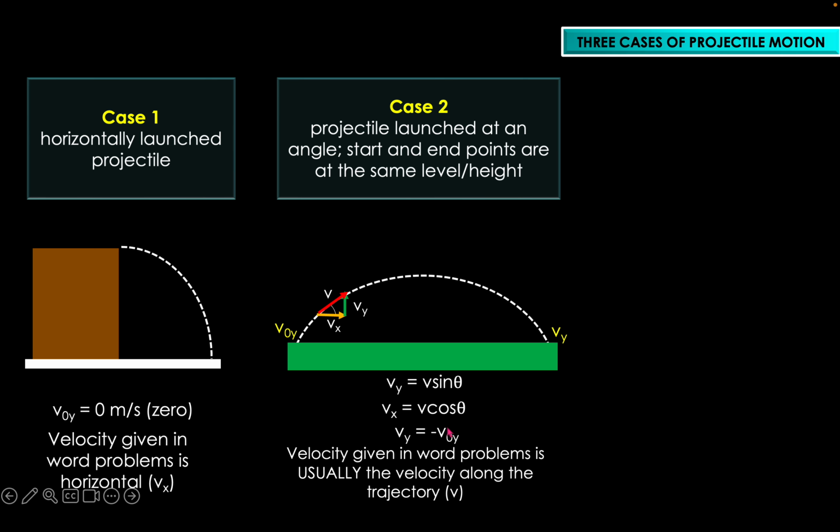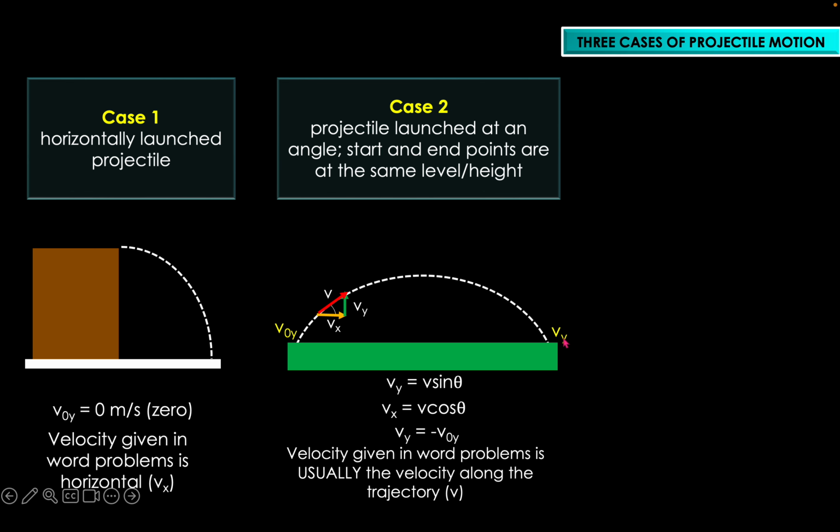And take note that the final vertical velocity is the negative of the initial vertical velocity because the final vertical velocity is actually downward in terms of direction. So it will be the negative of whatever your initial vertical velocity is. Please take note that that's good information because sometimes you can encounter a multiple choice problem in an exam in projectile motion that asks you about the final vertical velocity.